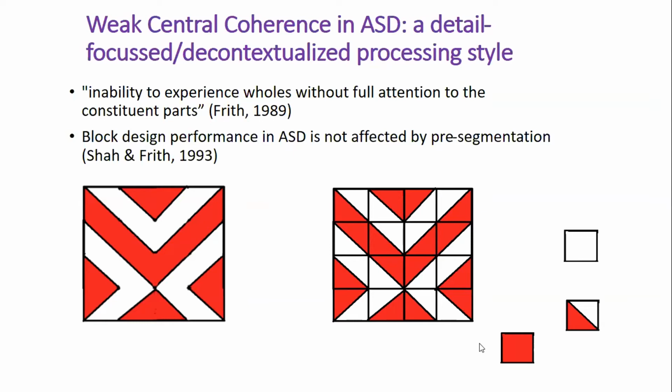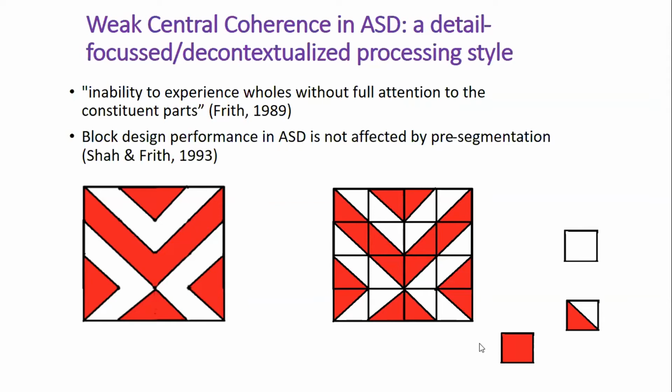So quite an influential theory of autistic cognition. And so the idea was that autistic people attend to details in their environment, and they cannot really experience something as a whole without processing all the different details, all the constituent parts.